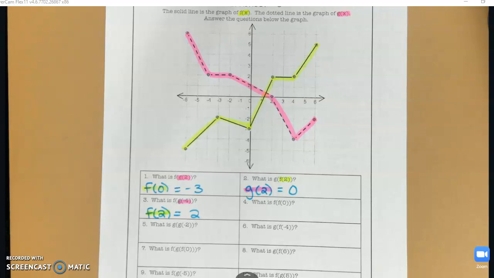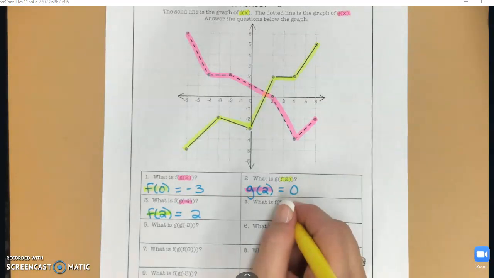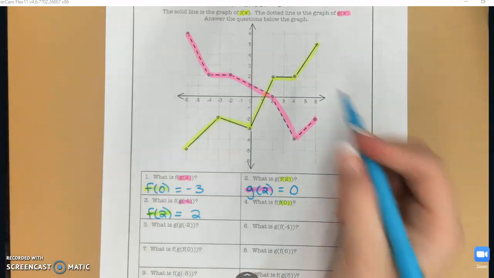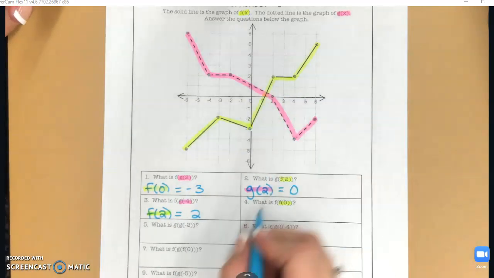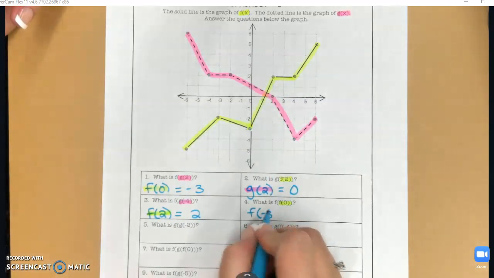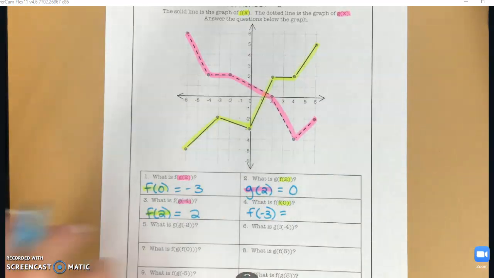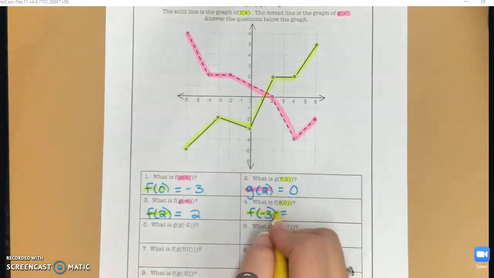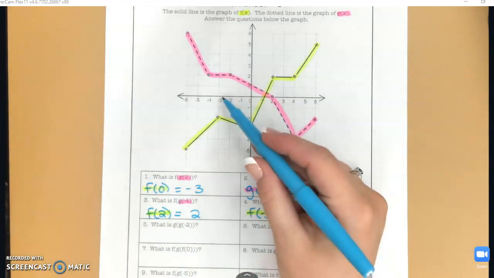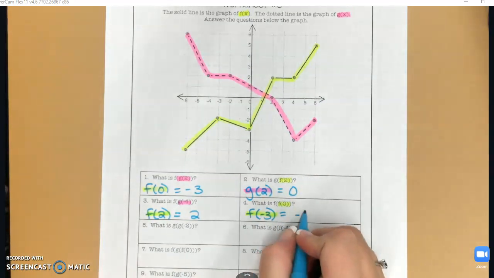Again, this one is a double f, so looking on the inside first, f of 0 on the yellow, at x is 0, that output is -3, and I'm looking on the yellow graph once again, but this time at x equals -3, and that output is -2.